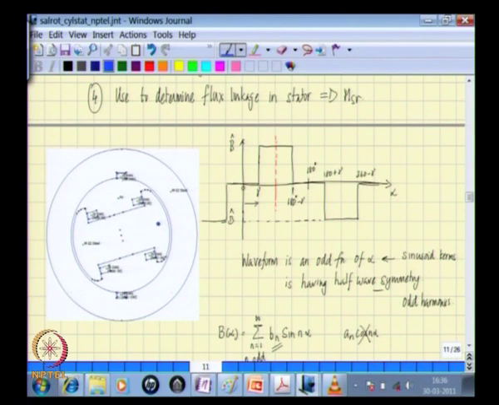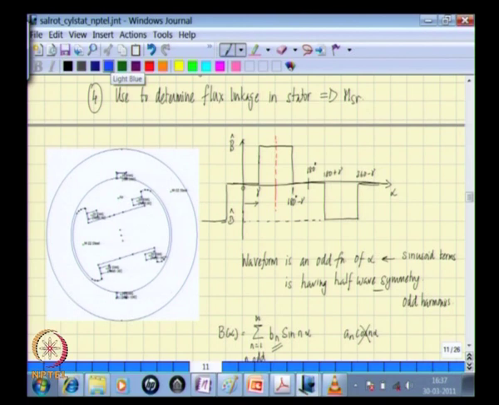In that case, the maximum value of flux density would occur in this region. The flux density will be 0 from here to somewhere here, and then you have maximum flux density and then 0 flux density. Therefore, this figure is drawn for the rotor horizontal. Now, as the rotor begins to move, what would happen? As the rotor begins to move, this flux density waveform would shift.